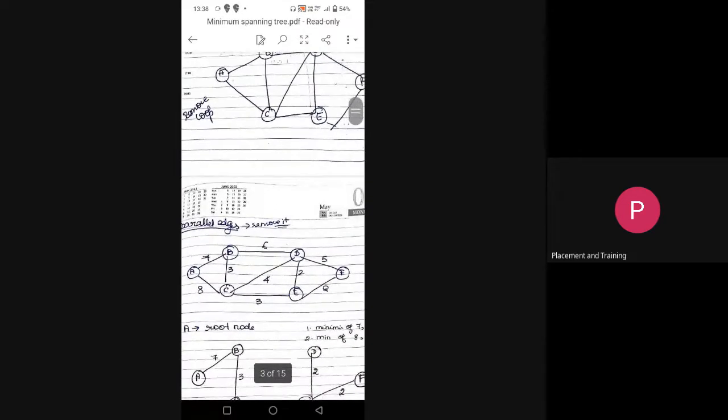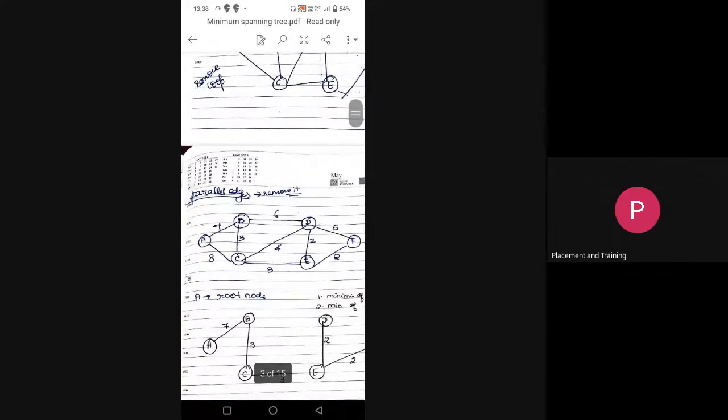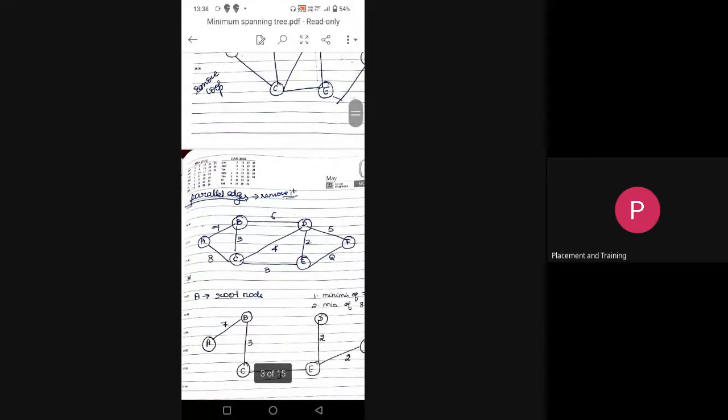So now I'm going to start my work. So this is going to be my graph here. Now I have to create the minimum spanning tree using Prim's algorithm.